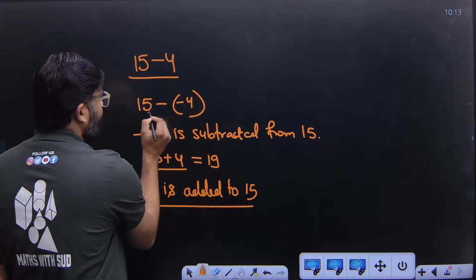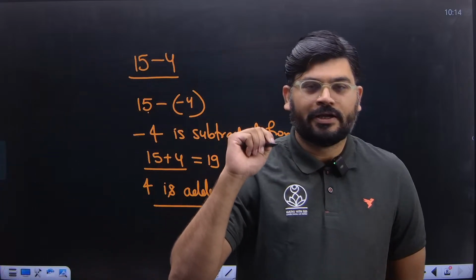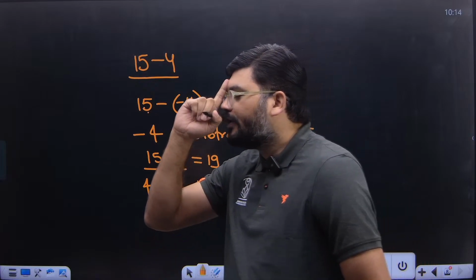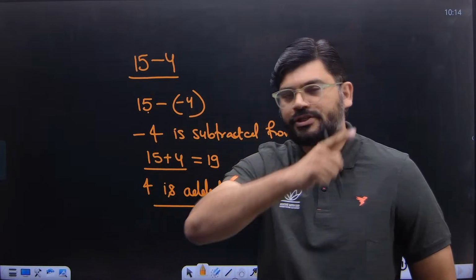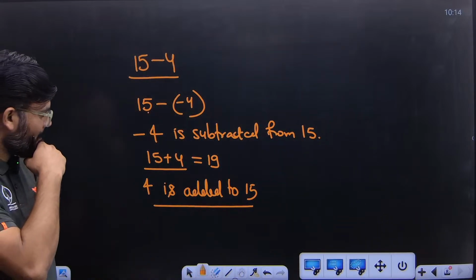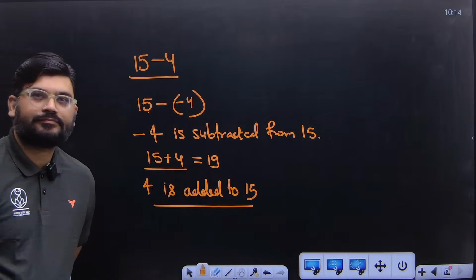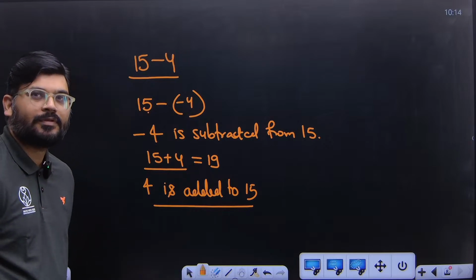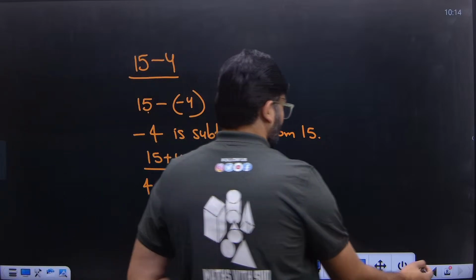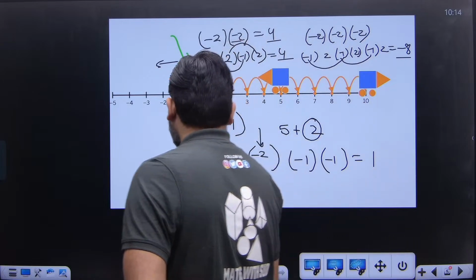What is 15 minus 4? Think yourself. Don't tell me the answer quickly. You think where you have to face, where you have to move, where you will reach. You can take the help of these diagrams.